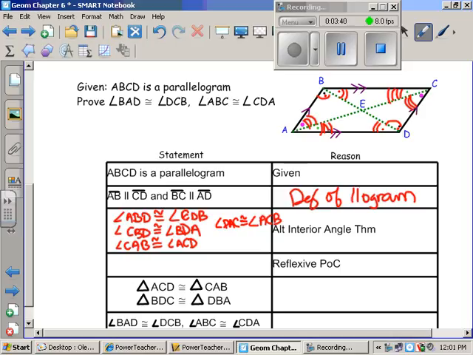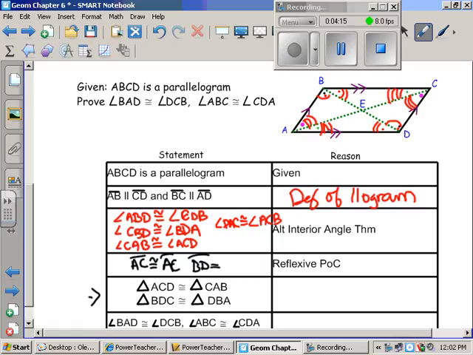Then the reflexive property, because we're trying to prove, now look at this step down here, we're trying to prove that triangles are congruent. So the reflexive property is going to be those diagonals. We're going to say that line AC is congruent to AC, and BD is congruent to BD.